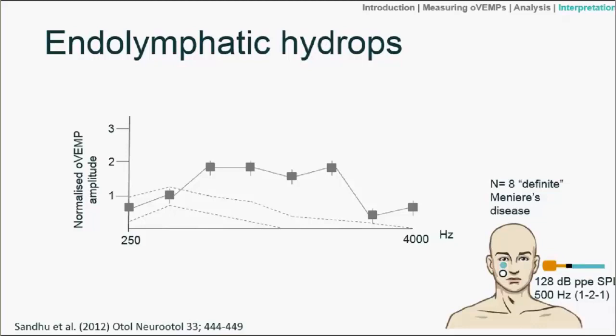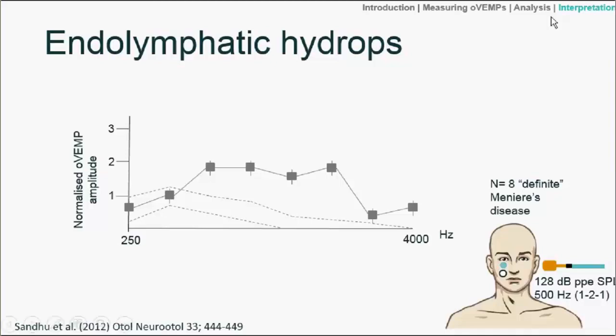So, as I mentioned, the precise reason for these sorts of changes is unclear, but that distension of the saccular and the utricular zone, I think the view is that the altered biomechanical properties in turn alter the frequency tuning curve.